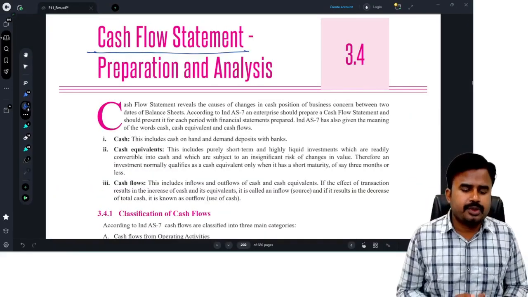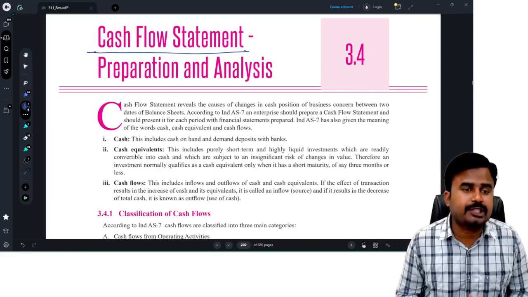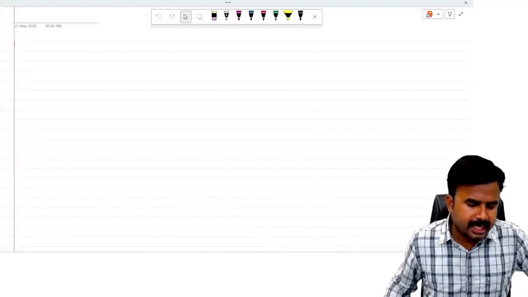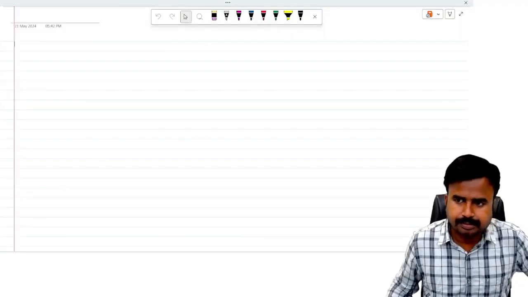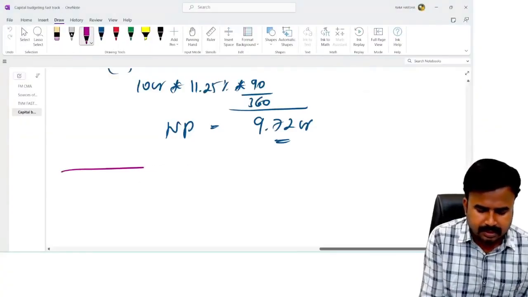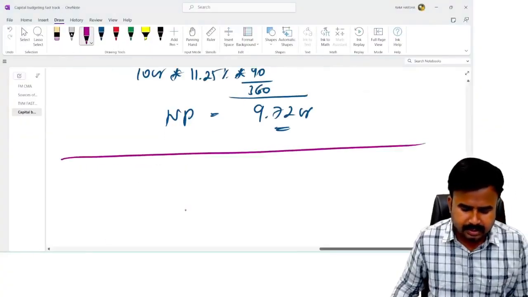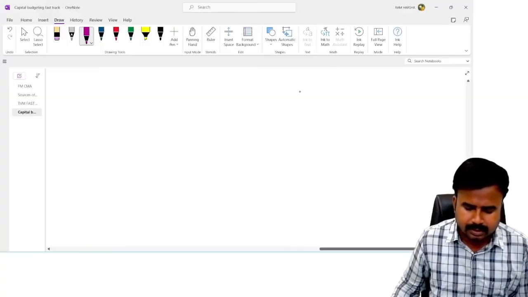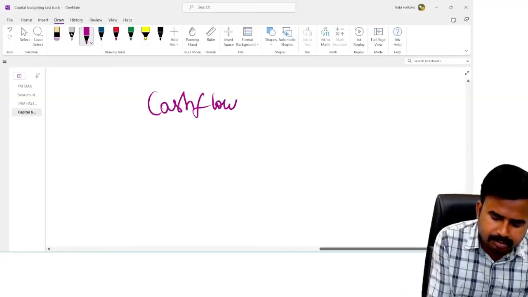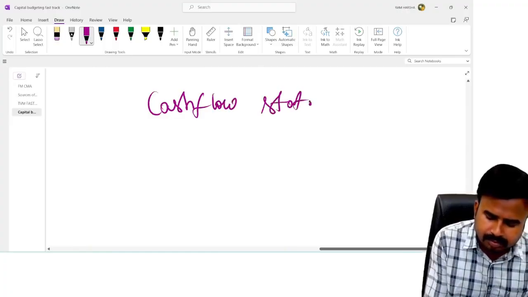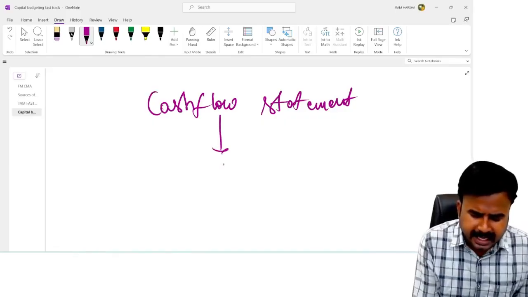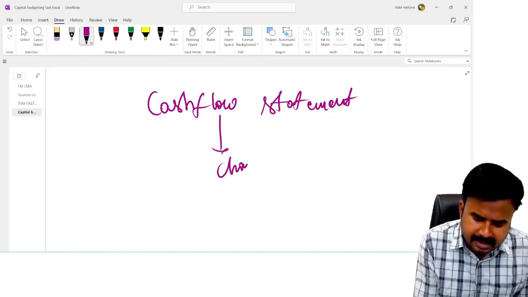Good evening, all of you, dear students. Our new concept, cash flow statement. Yes, here is our new concept, cash flow statement. The chapter name is cash flow statement. Here flow means changes.